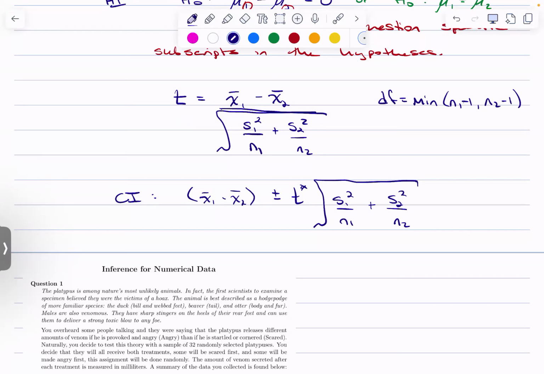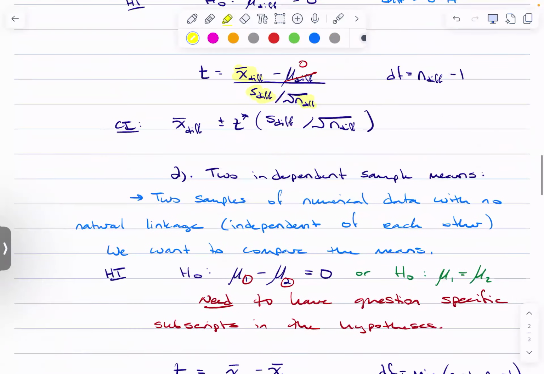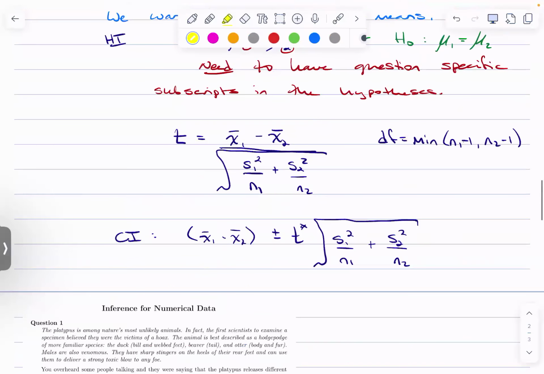I need to give you x1 bar, x2 bar, S1, S2, N1, and N2. Usually there are scenarios where I type it out, but usually I communicate it in a table, because it's a little bit easier.